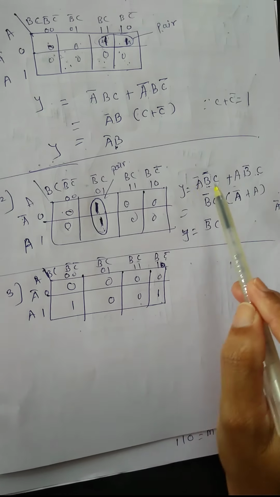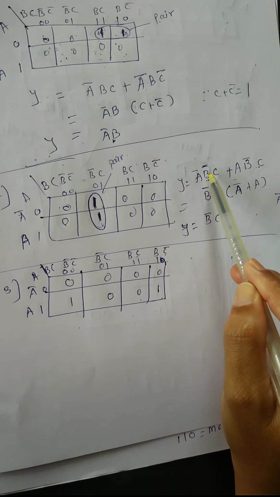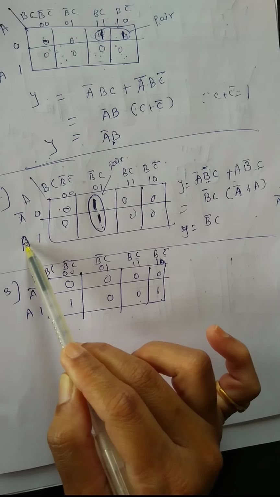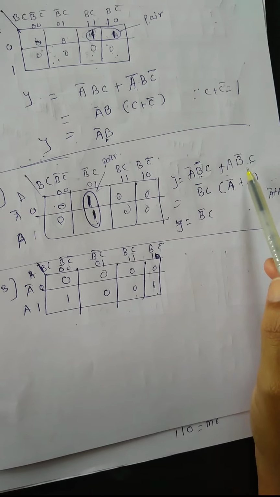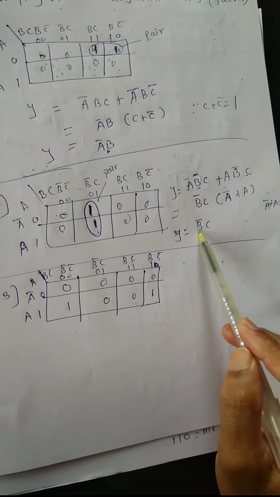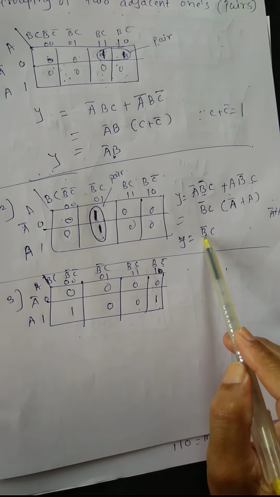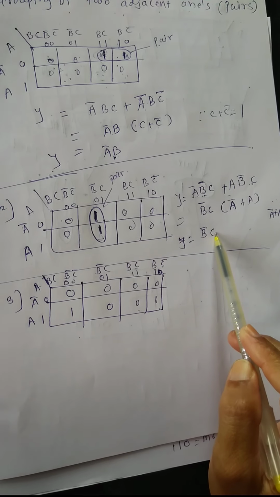For this one the term is A bar B bar C, and for this one the term is A B bar C. You have to reduce that expression, using a Boolean law for every step, and the resulting expression is B bar C.